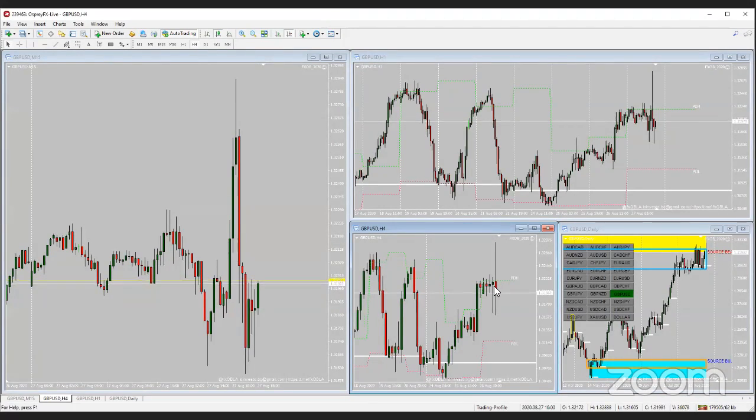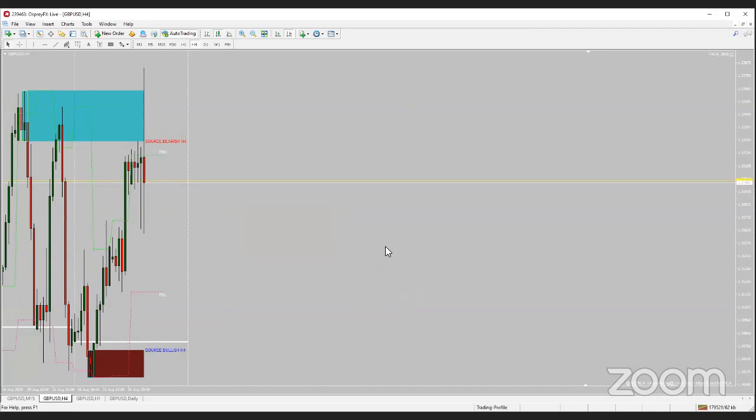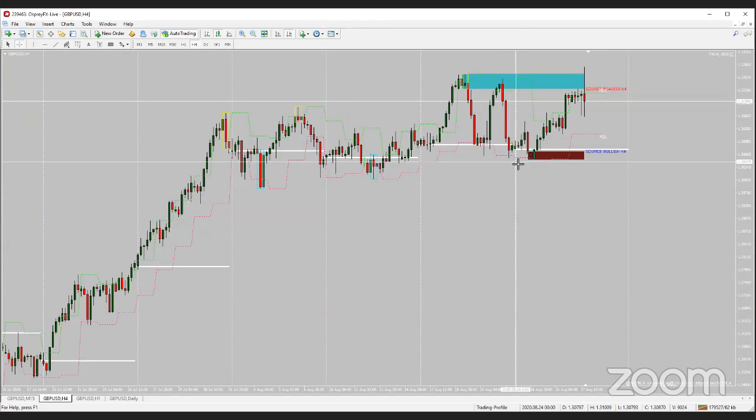If I wanted to look at the order flow here, I press the G button and then the A button. So now I can see that the most recent order flow on an H4 is here, and it's bullish.